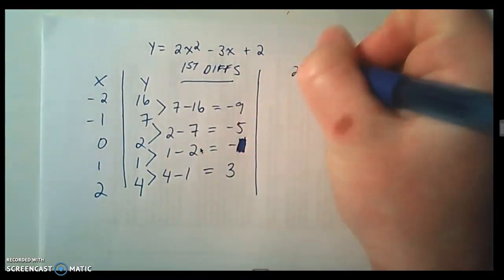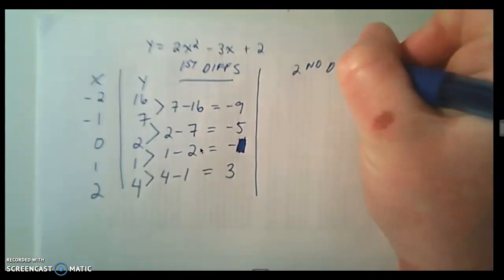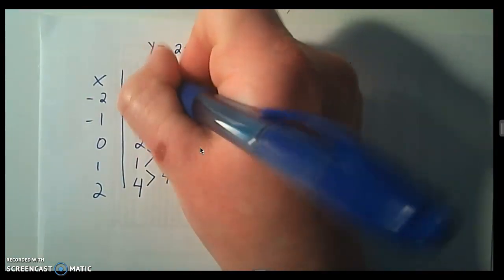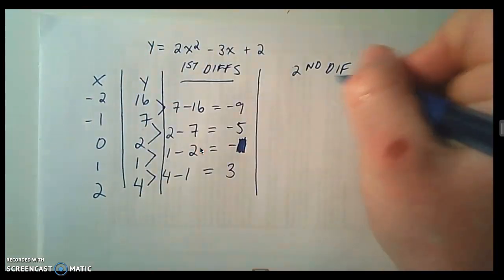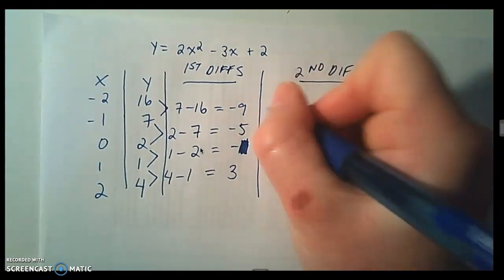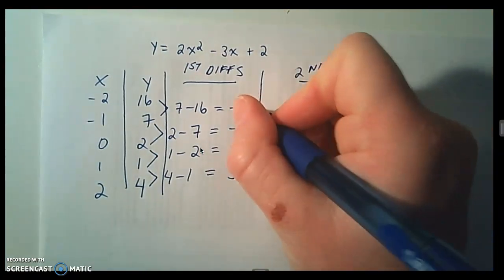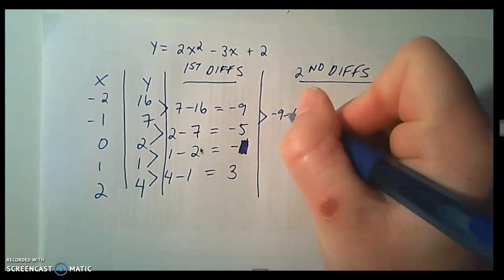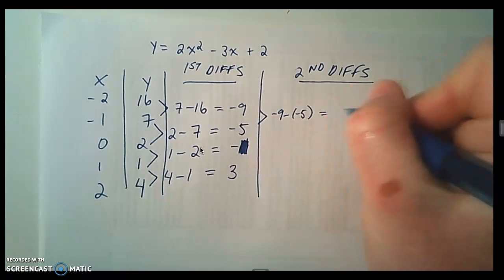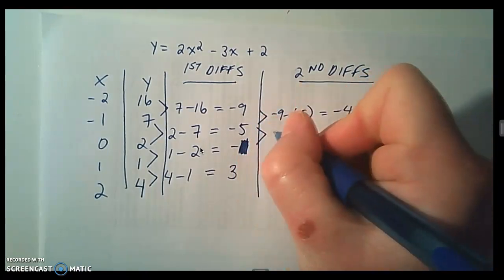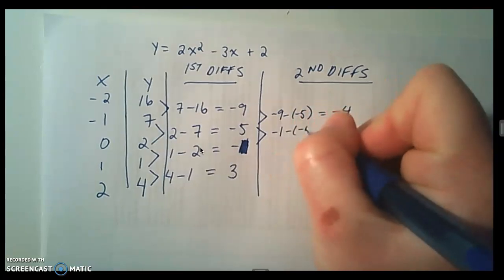And then I have to do my second differences, which is just repeating the same thing. My second differences will be the difference in the first differences. So here, negative 9 minus negative 5 is the same as negative 9 plus 5, which is negative 4. And then I've got negative 1 minus negative 5.